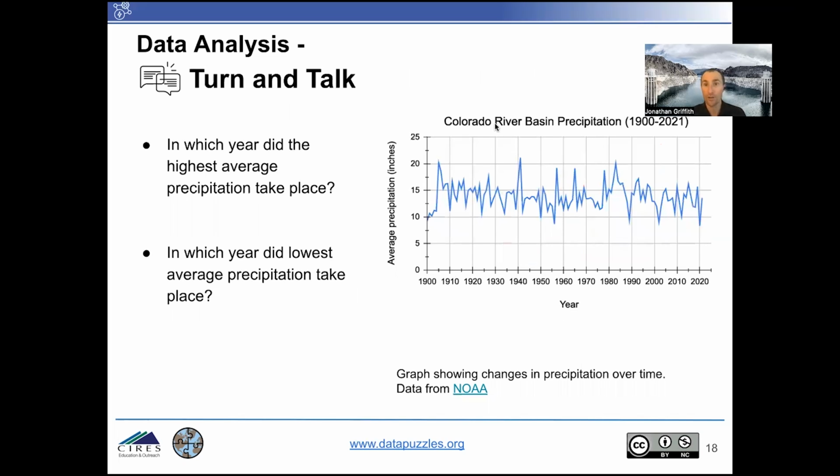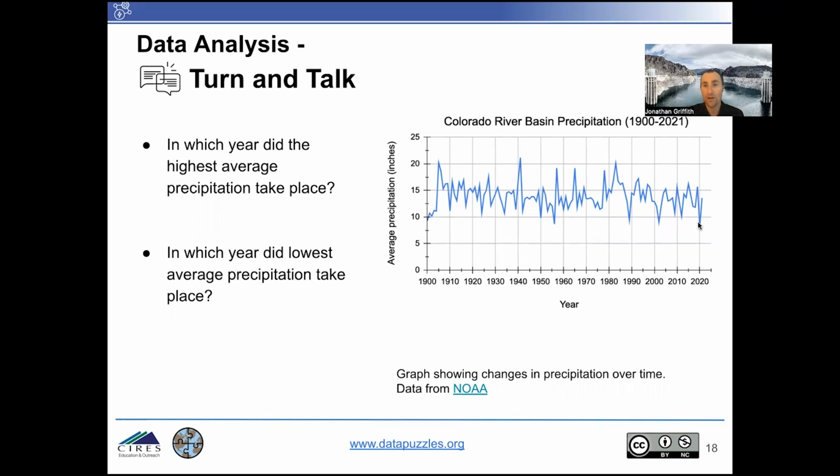You'll do the same with the precipitation data set. We're looking at the Colorado River Basin precipitation data set from 1900 to 2021, so that same time period, with average precipitation in inches on the y-axis and the year from 1900 to the present on the x-axis. Ask students again to identify highs and lows in precipitation.